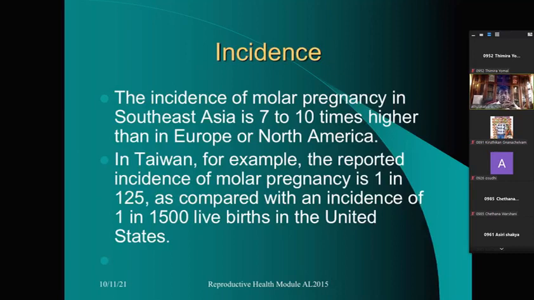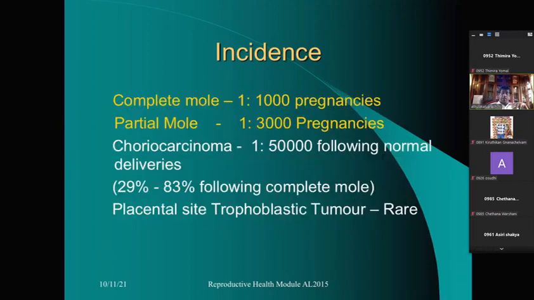It's generally more common in this part of the world compared to other parts of the world. So you get an incidence of about 1 in 1,500 in the West. Here, the average estimate is about 4 to 5 times higher than that. So this is the kind of incidence that we are talking about.